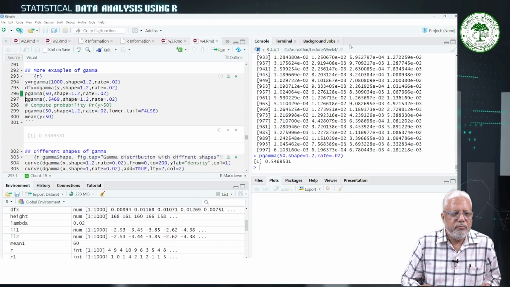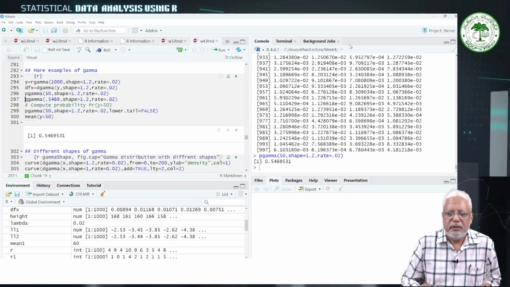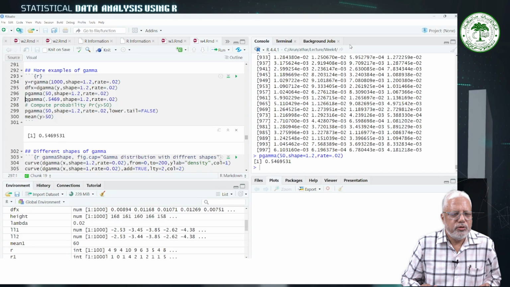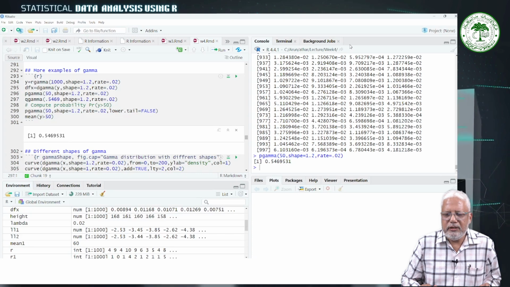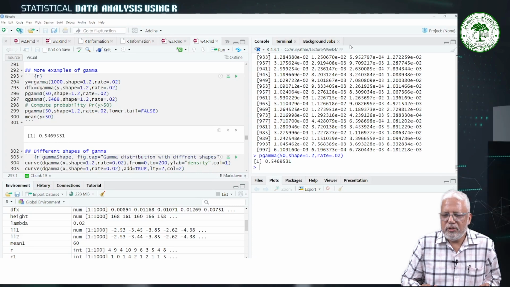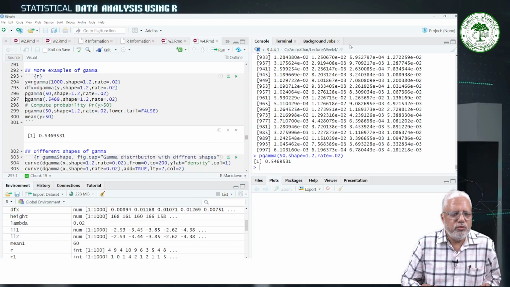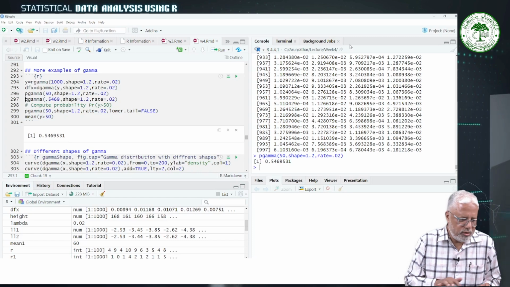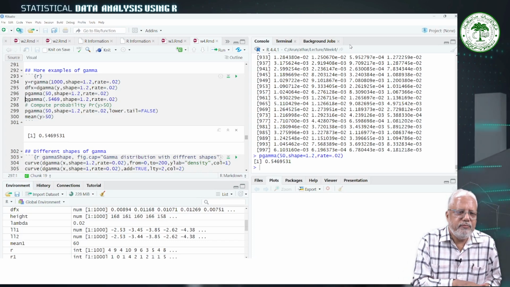This is pgamma. pgamma is 0.54. So, we can verify this result. This we are computing on the basis of exact values. Now, see what you get on the basis of simulated values.